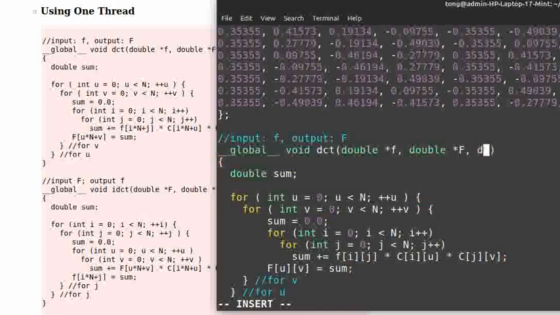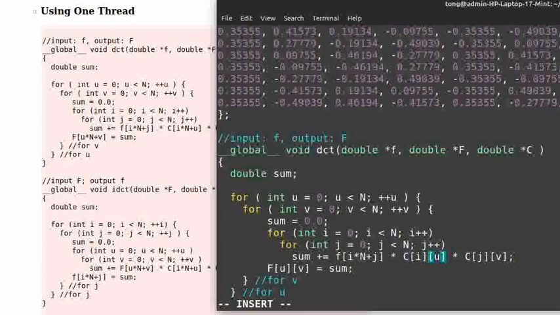And also we pass in the cosine values. And all these are the same. So here F(i,j) becomes F[i times n plus j] from this one-dimensional array.